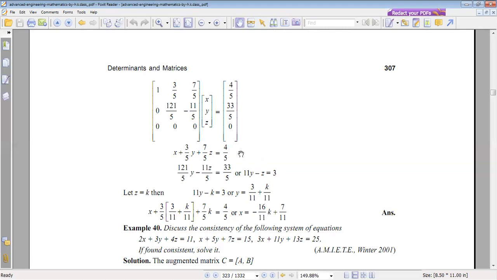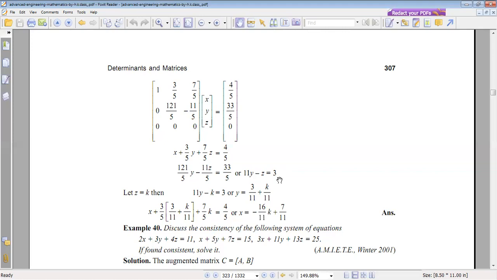And how many equations? Only 2 equations are there. So it is not possible to solve this directly, because with 3 unknowns you must have at least 3 equations, but there are only 2.